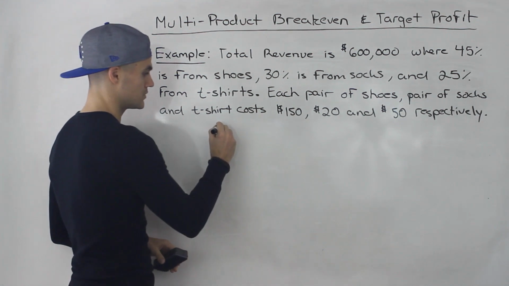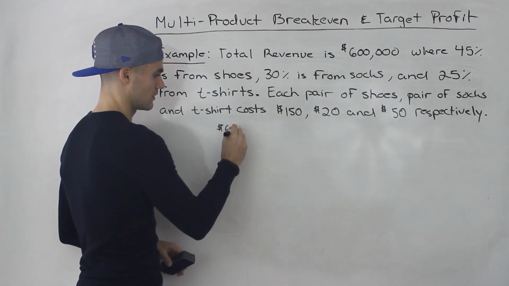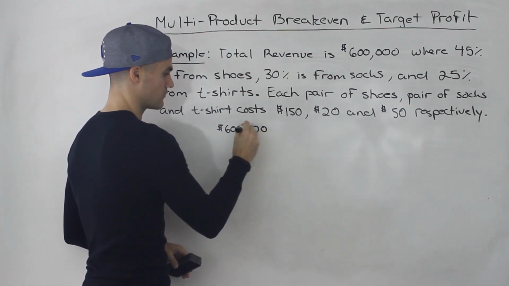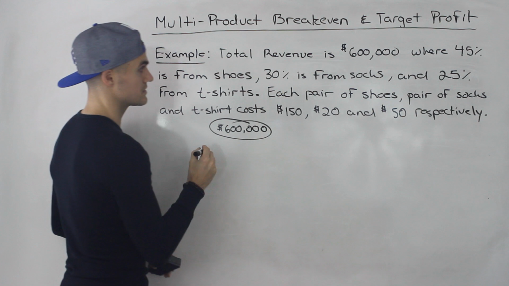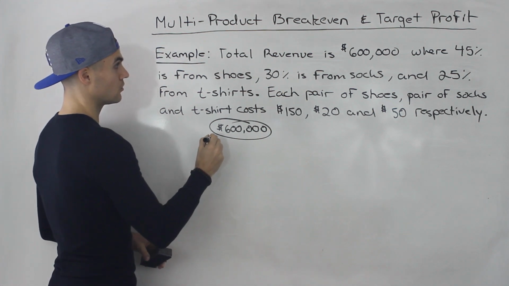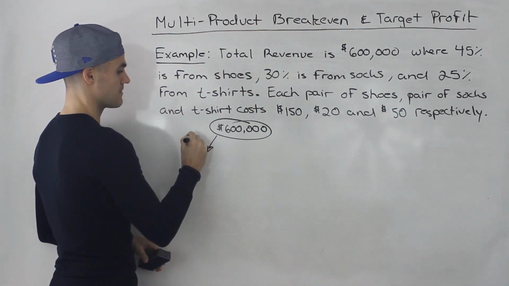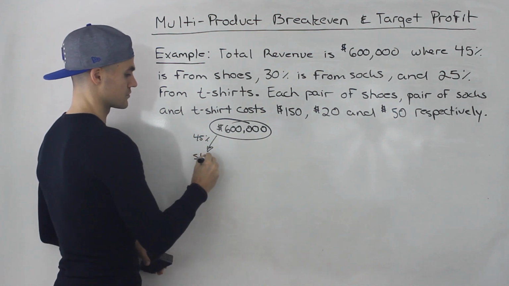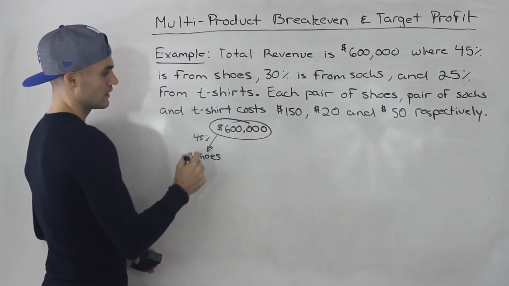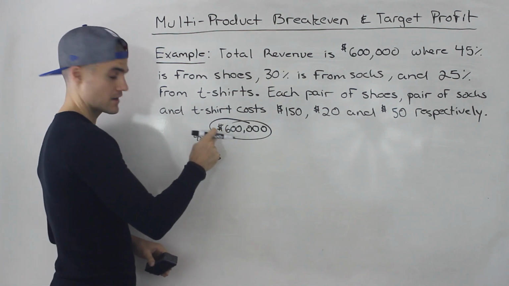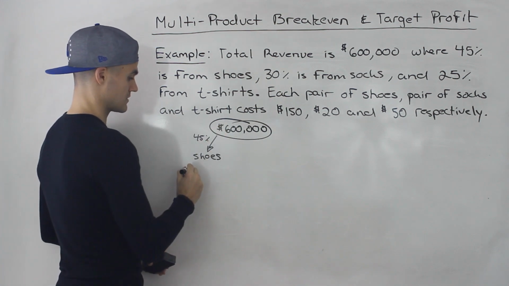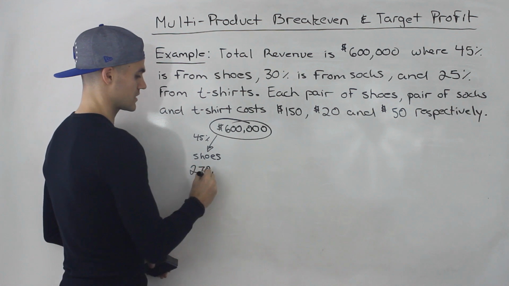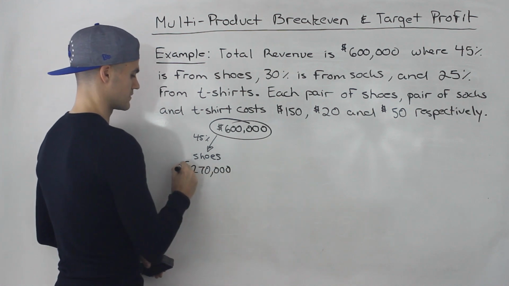So what you want to do here is take that total revenue, 600,000, and we're told that 45% of that is coming from shoes. So 45% of 600,000, 0.45 times 600,000, that would give us 270,000.